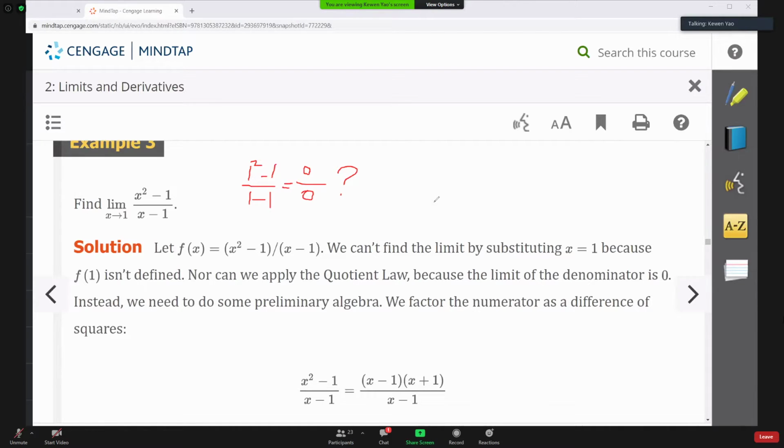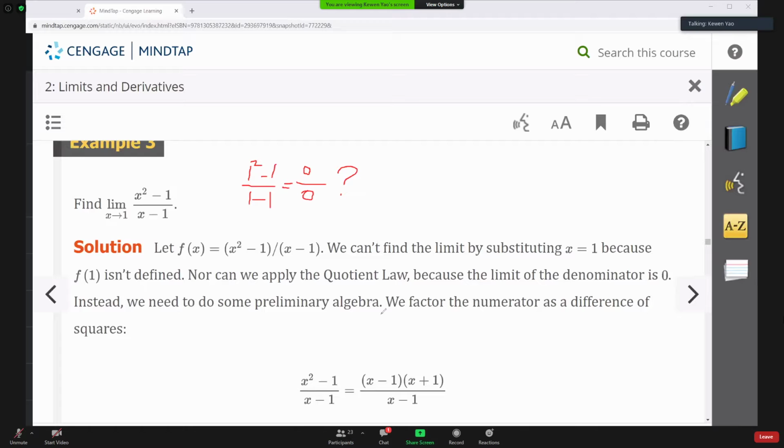So for this problem, you cannot use DSP, the direct substitution property, anymore. So what should we do? We have to use algebra to simplify.